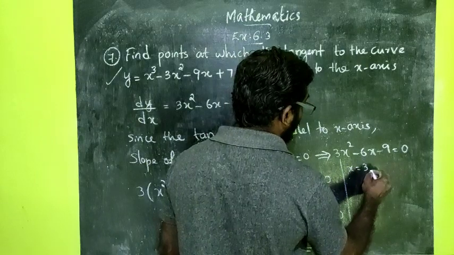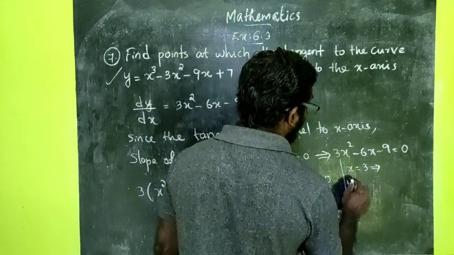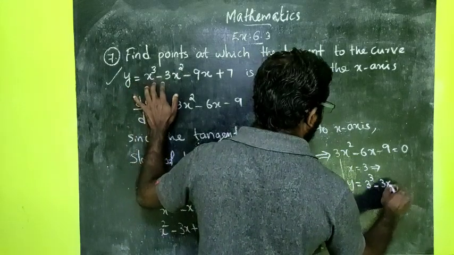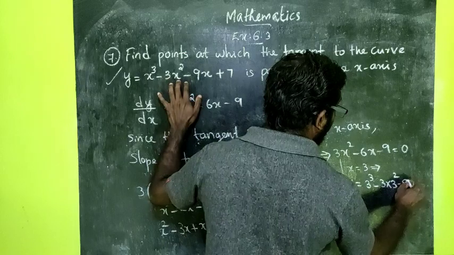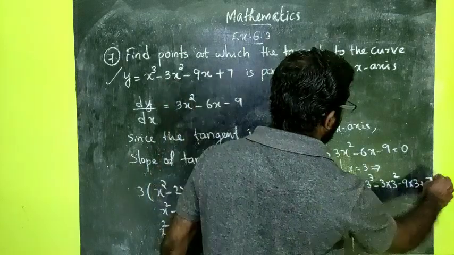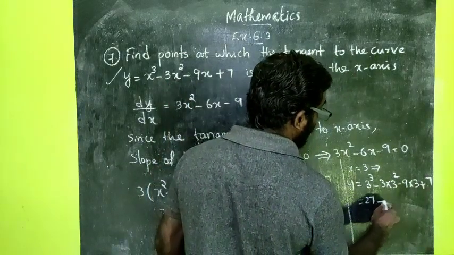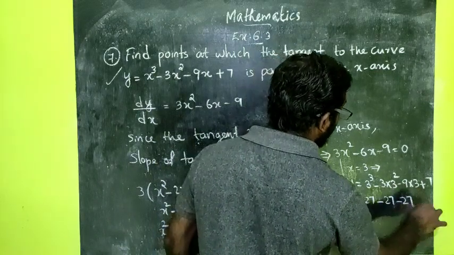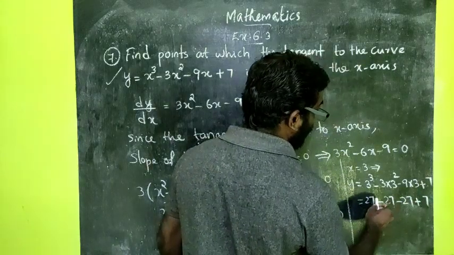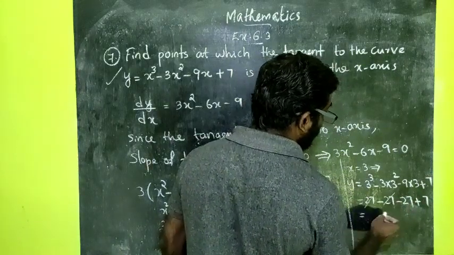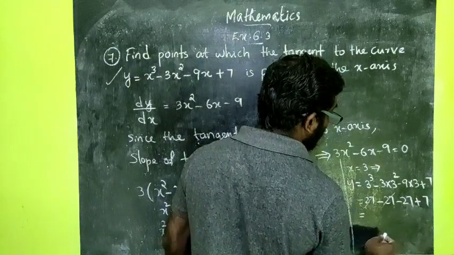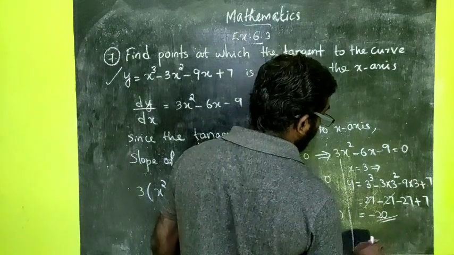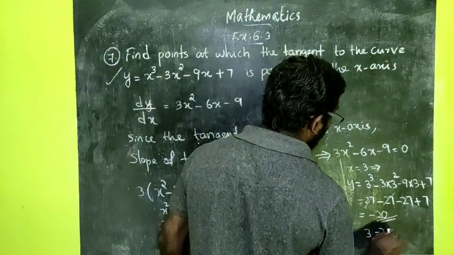So x equal to 3 implies y is equal to 3 cube minus 3 into 3 square minus 9 into 3 then plus 7. That is 27 minus 3 square is 9, 9 into 3 is 27. Again 27 plus 7. Okay. Here 27 minus 27 we can cancel. Minus 27 plus 7 which is equal to minus 20. Okay. Therefore, one of the points is 3 comma minus 20.